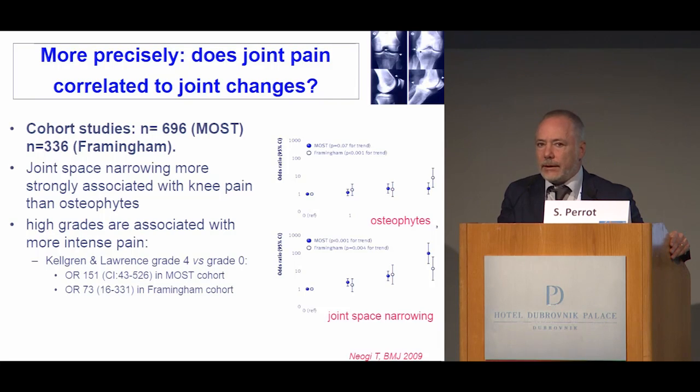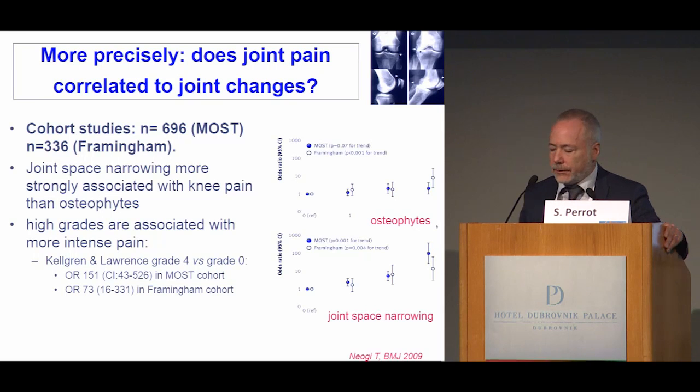It was mainly correlated to joint space narrowing and only for severe lesions. That means that for very severe lesions, we have higher pain, but the majority of the patients don't have severe lesions. They have moderate lesions, and in this category, there is no strict correlation between the severity of pain and the joint damage.